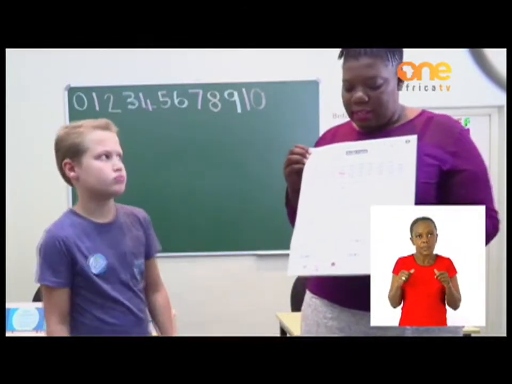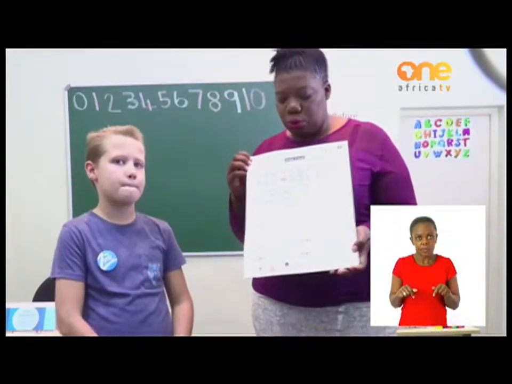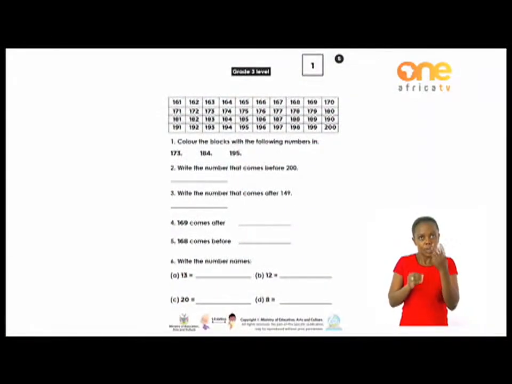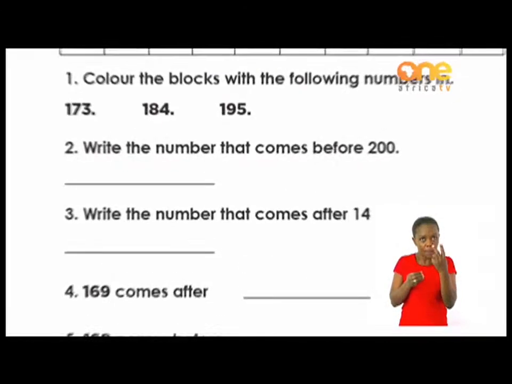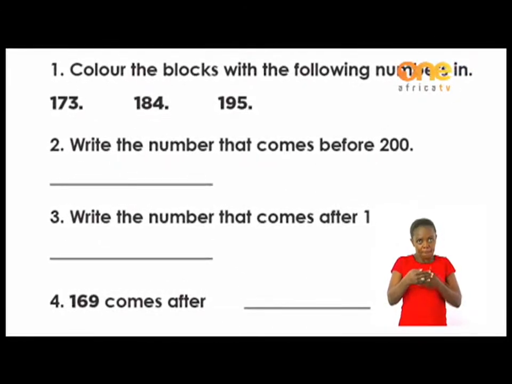Now, let us look at number 2. Write the number that comes before 200. Let's look at our number grid that we have and look for the number that comes before 200.